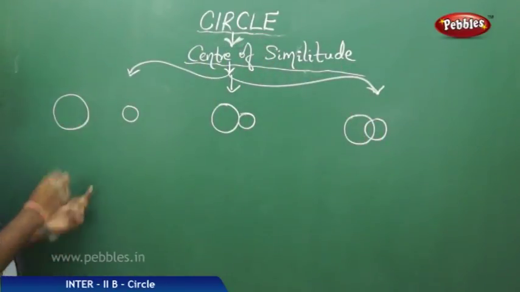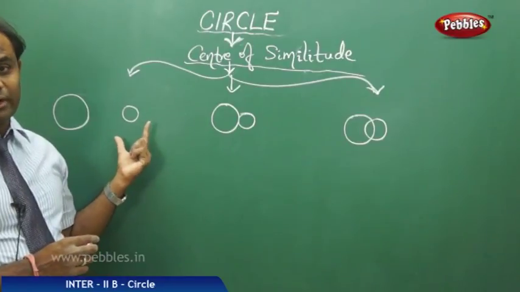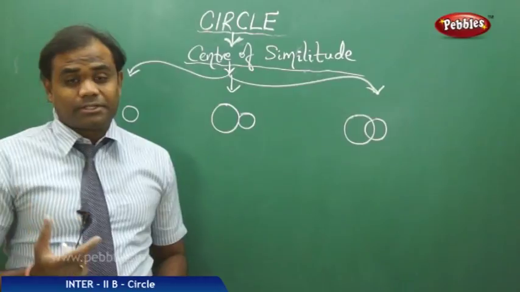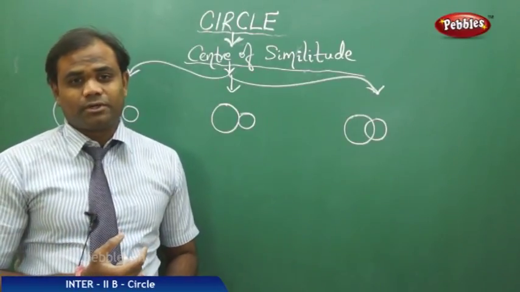Now here I have these circles which are disjoint or non-intersecting. We know that four tangents can be drawn for these types of disjoint circles.